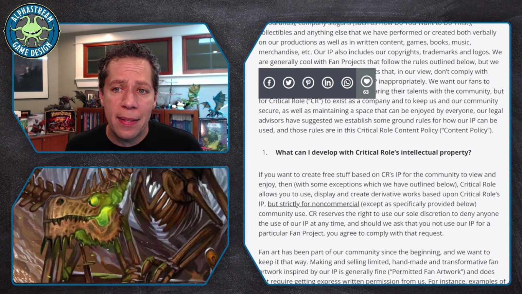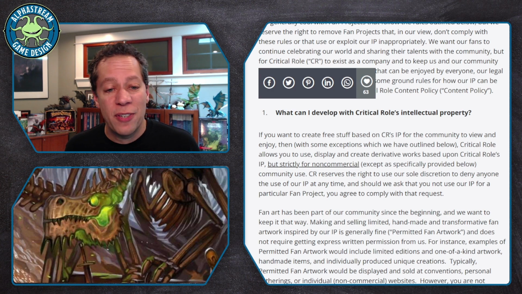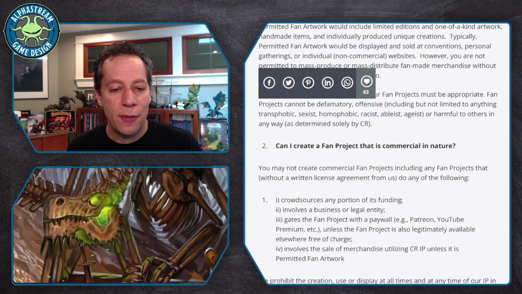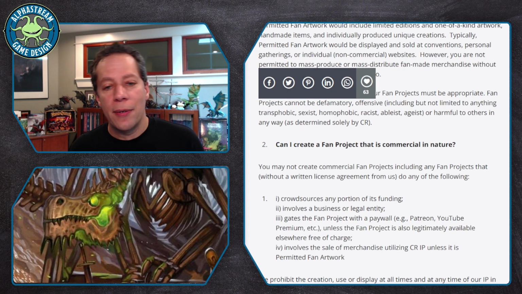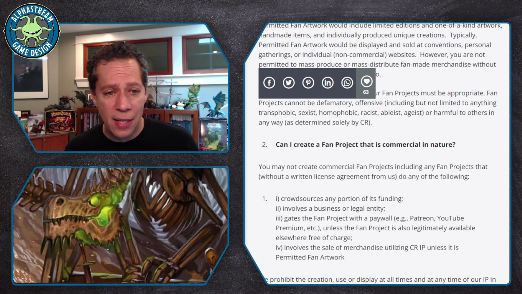But they do say, hey, if you want to do this, that's totally cool. Here's how you can create things for non-commercial use. And they say if it's in any way making money, if it's in any way commercial, then you have to follow what's written further below, which are things like indirect money off of YouTube videos because you're talking about the show and how much you love it.